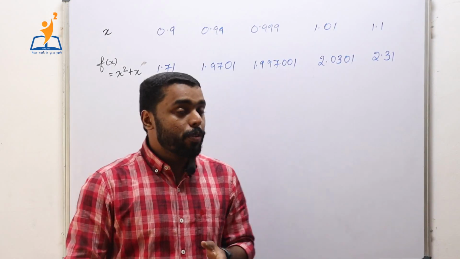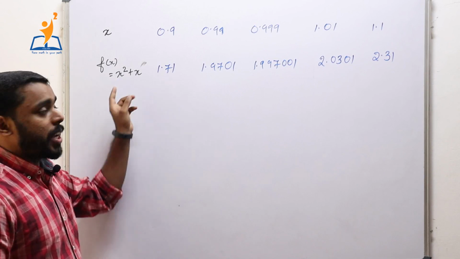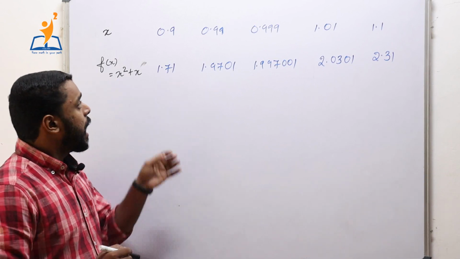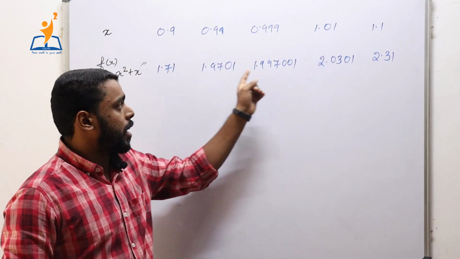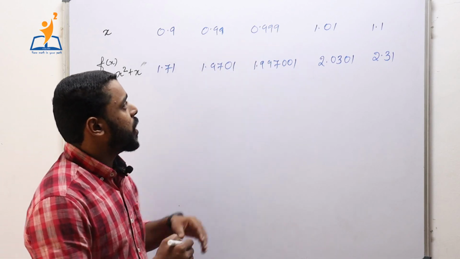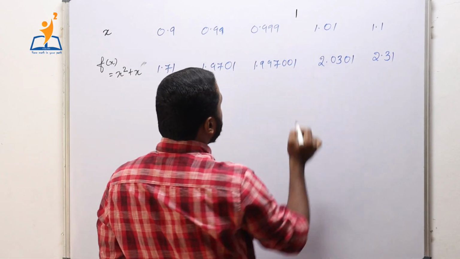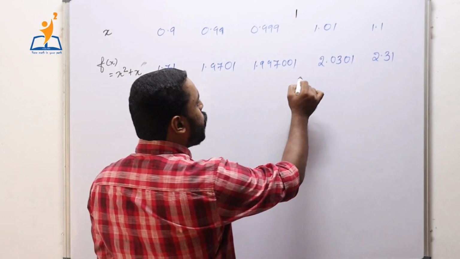So now we shall move to a new example. Here I have considered the function x square plus x, and I have listed out certain input values for the function and the corresponding output values. Whenever I am approaching the value 1 from the left, the output values are approaching the value 2 from the left.